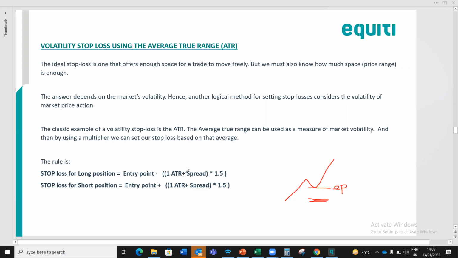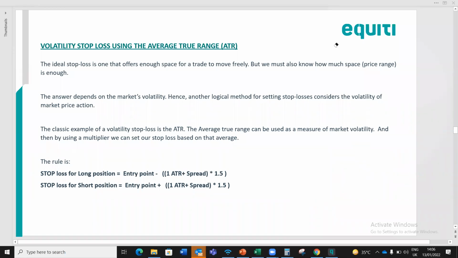It's going to be the entry price minus the ATR plus the spread, all multiplied by 1.5. And for a sell setup, this is our entry price, EP. To determine the stop loss, we have the entry price plus the ATR plus spread, all multiplied by the multiplier 1.5.